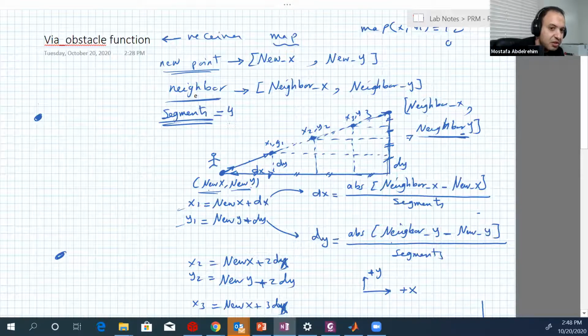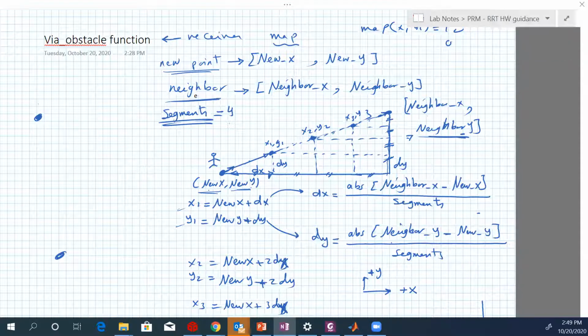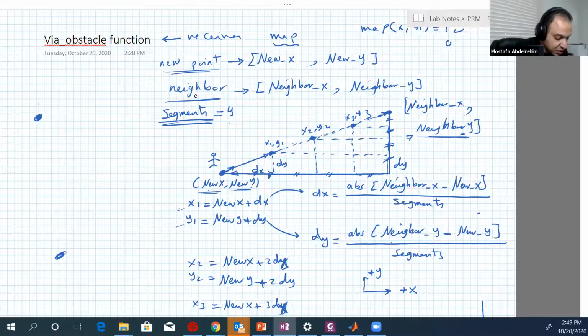Can anybody answer this? Have a guess? It's higher. No, it's lower. Oh, I'm sorry, yeah, that's higher, of course. And how about y1?